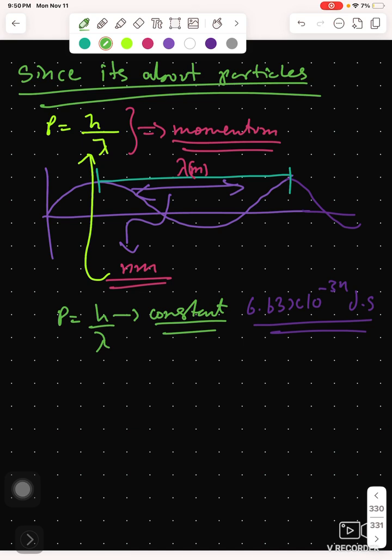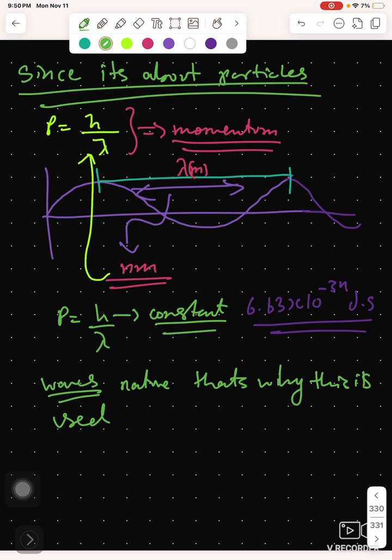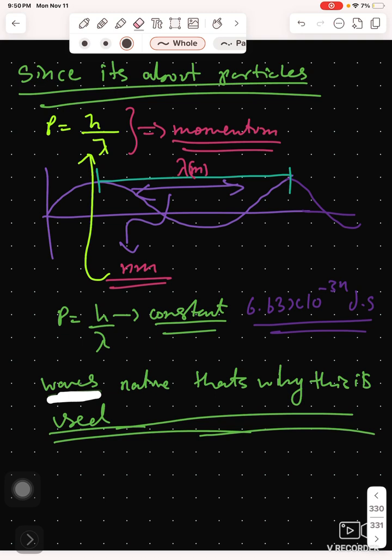And what else? Waves, nature, and that's why this is used. Also, what I thought of is, why not combine these two as well?